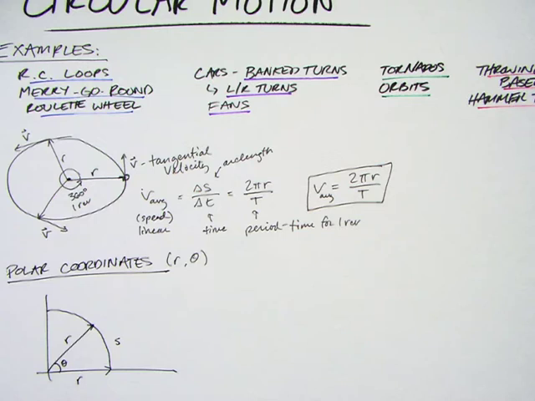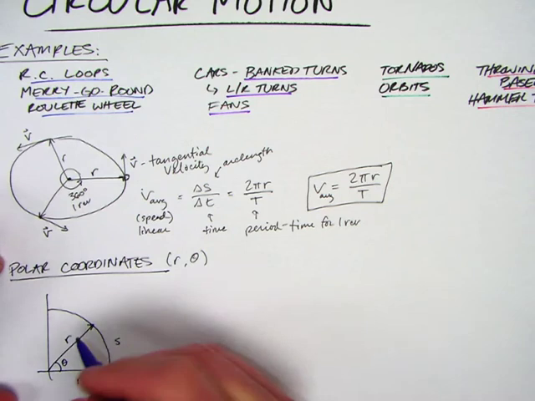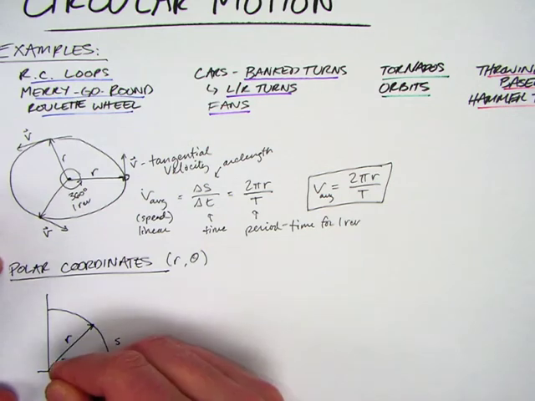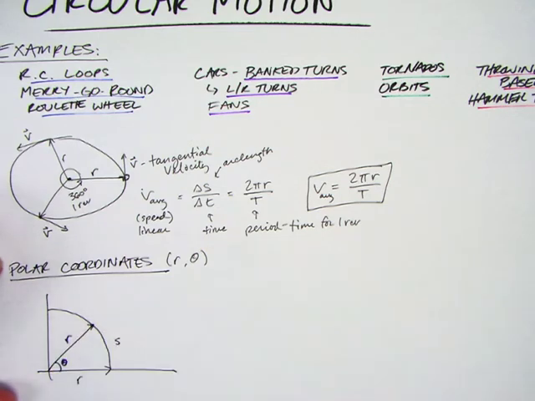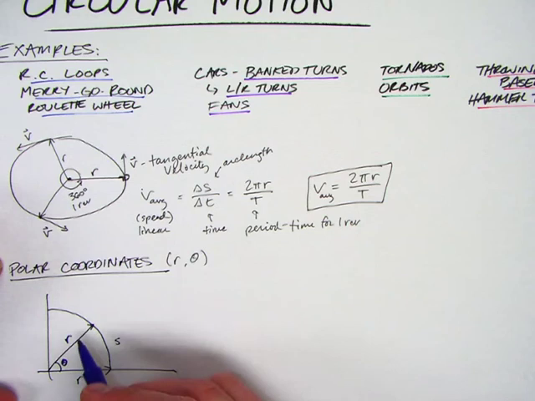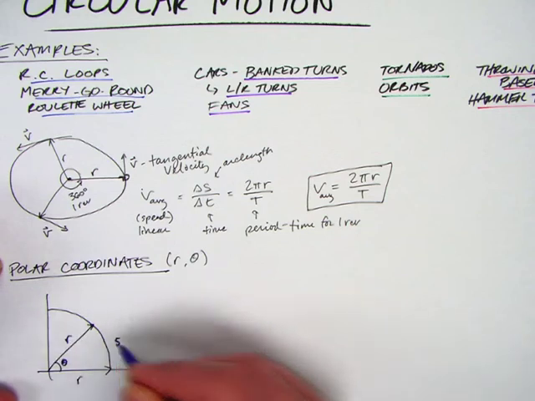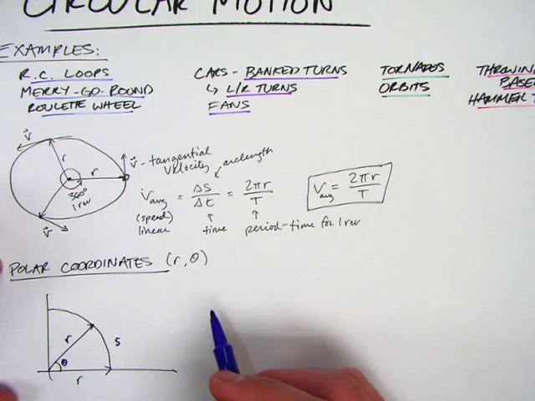So let's define a couple things that you've learned at some point in math class, hopefully, regarding polar coordinates. So what are polar coordinates? Polar coordinates are r and theta as my two degrees of freedom defining a position in a plane, and s is going to be my arc length, so r is my radius.